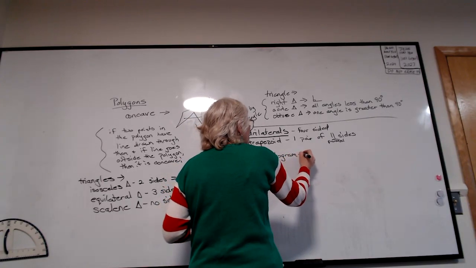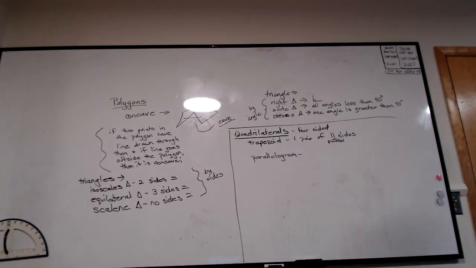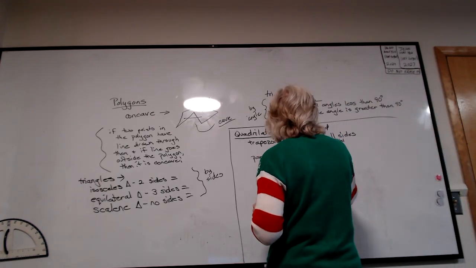What is true about a parallelogram? Well, two pairs of parallel sides, because they can't all be parallel to each other, then you'd just have four lines. So it's two pairs of parallel sides.